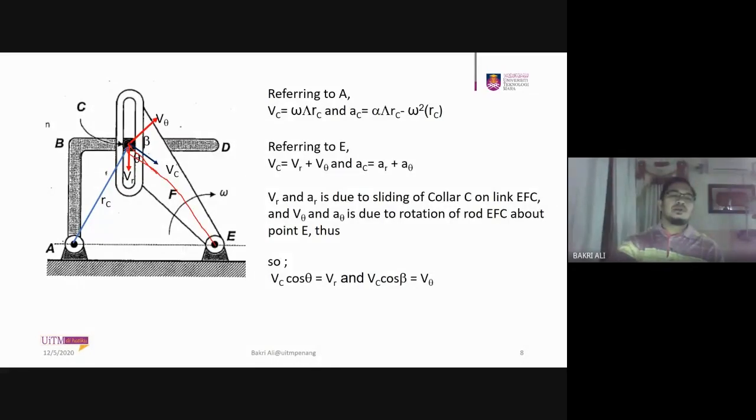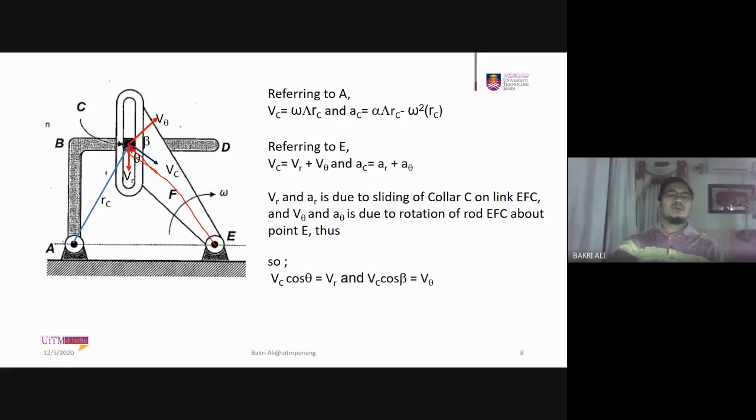So this is the radius for V theta, and due to the sliding along this vertical slot, it will produce a relative velocity VR. So you can see that this is not a radial velocity anymore. This is a relative velocity in the vertical direction. So that's why I say that you need to adjust the component based on the situation.